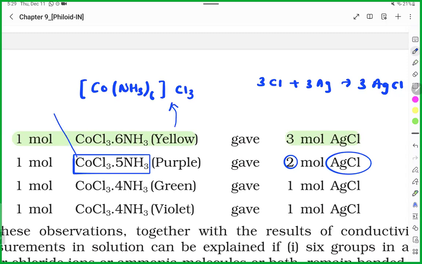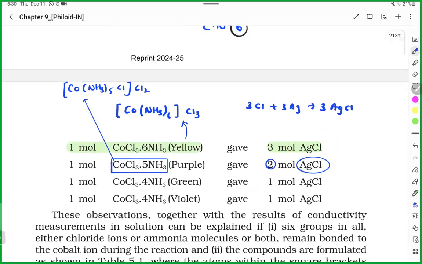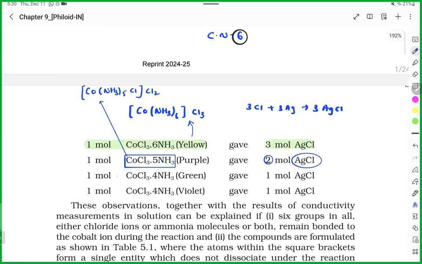So you can draw the structure like cobalt, 5 ammonia and 1 chlorine, and then 2 chlorine outside. Make sense? Yes, sir. In the same way, if you take this, you have 1 AgCl. It means only 1 chlorine is outside.